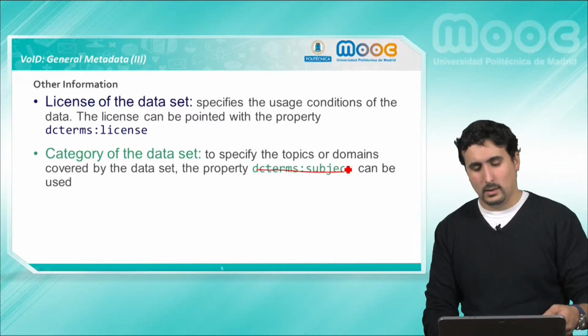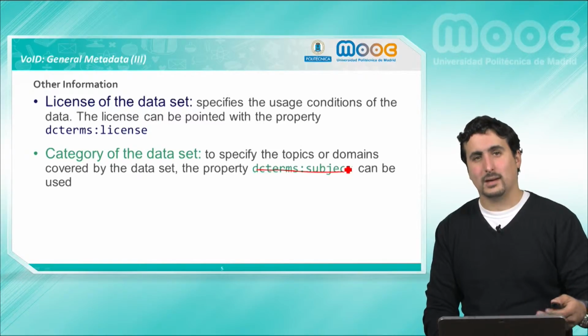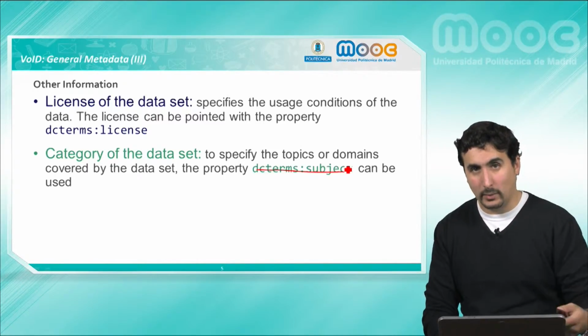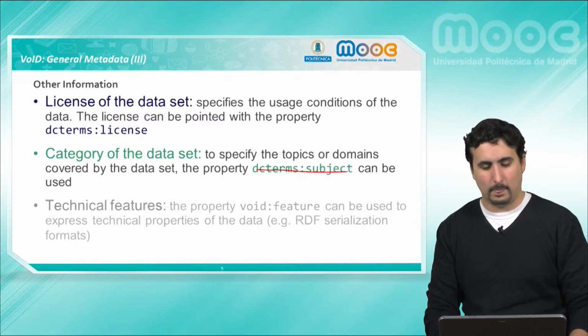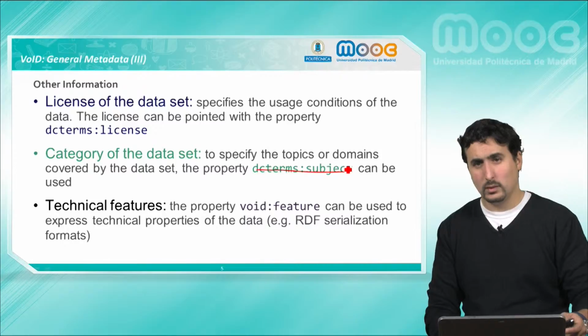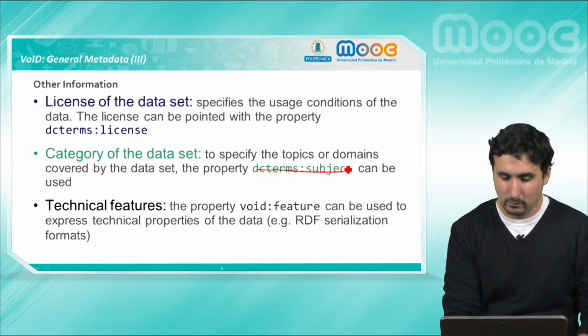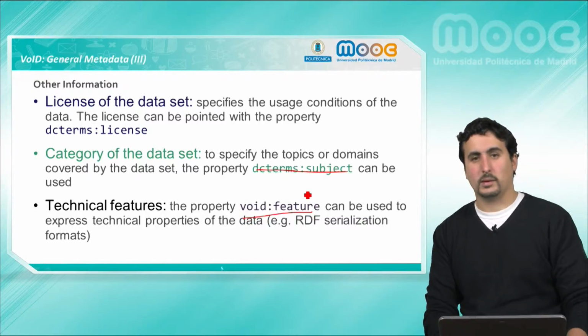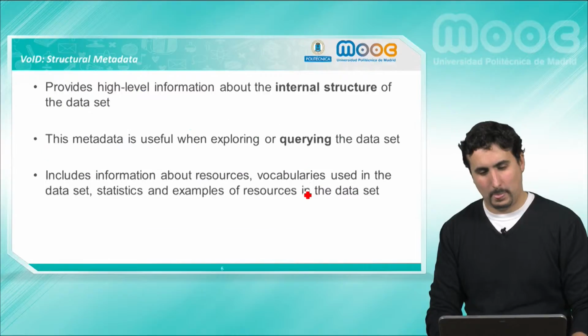That is, the information about which topics are covered and which is the domain of our dataset. As well, some technical features can be introduced, such as the serialization of our data using the void:feature property for that purpose.